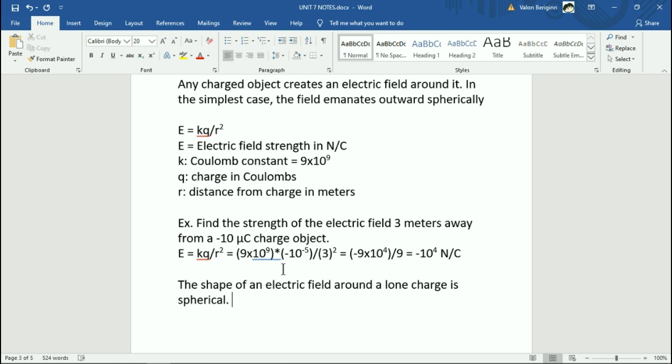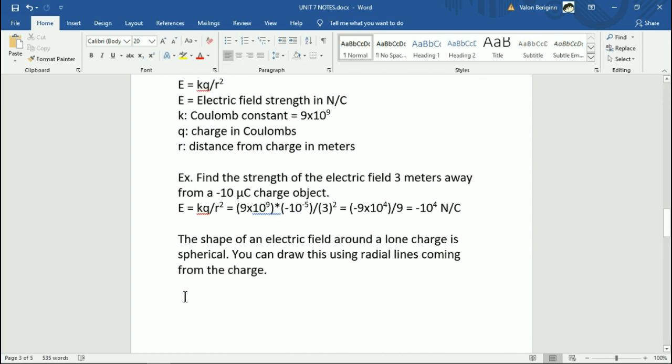Now, you can draw this electric field using radial lines coming from the charge. I'll show you an example of this in a second. But there's one more thing: what direction are the lines?